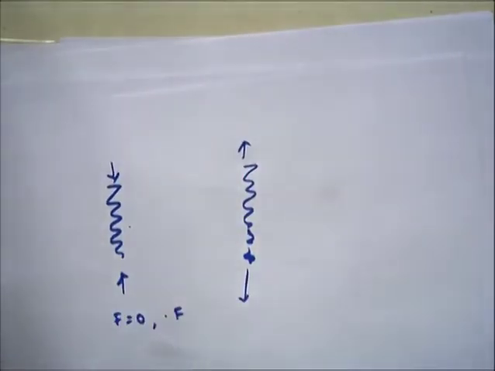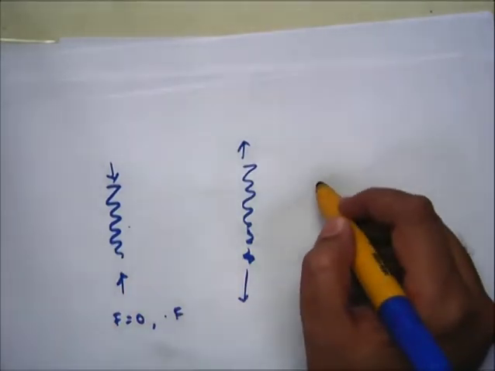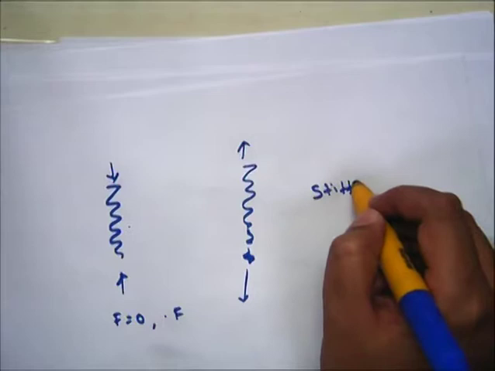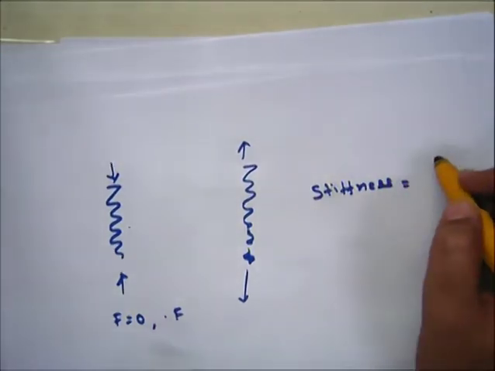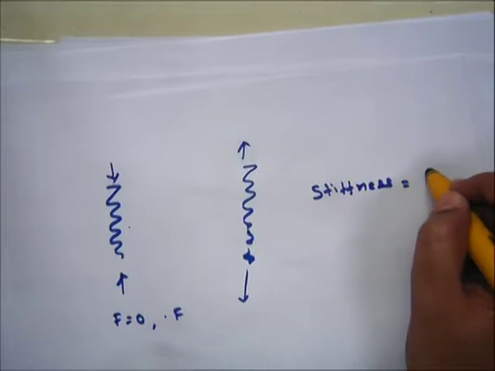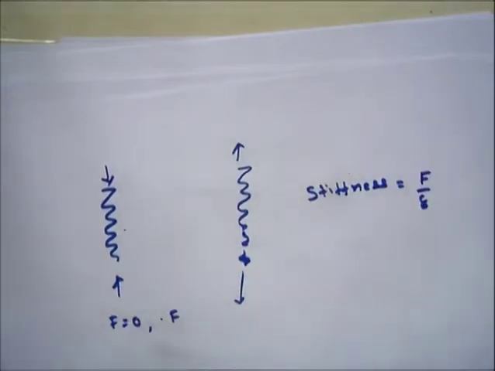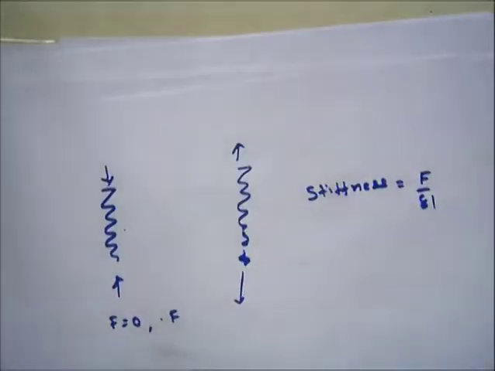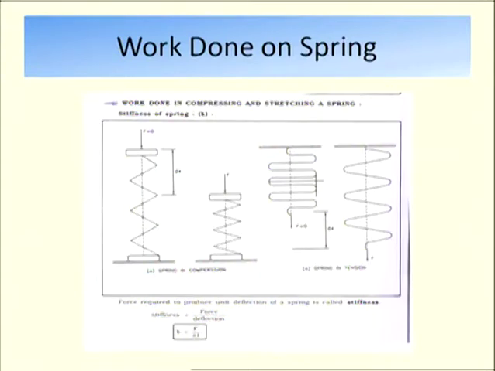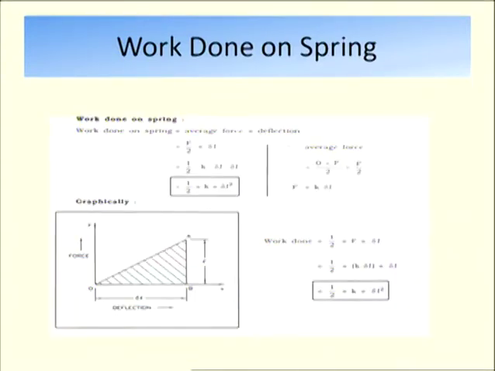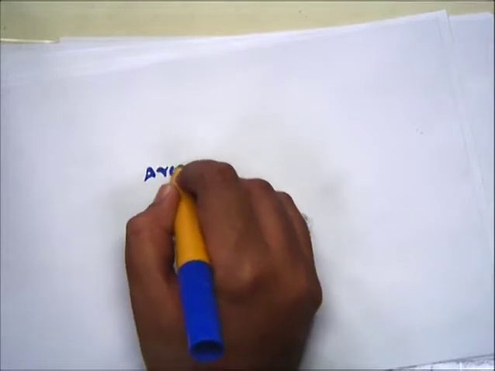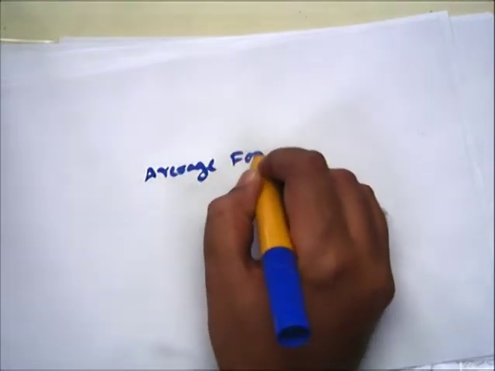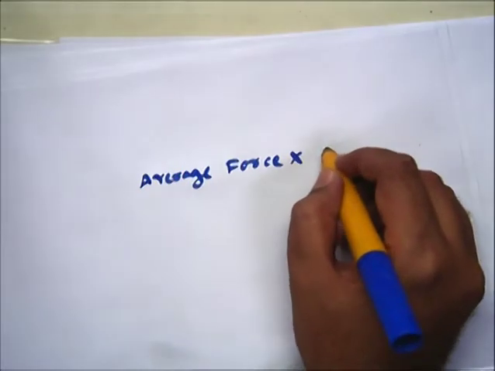So what is the work done? As you know, the stiffness of the spring is nothing but F upon delta L. Here work done is equal to the average force multiplied by displacement.